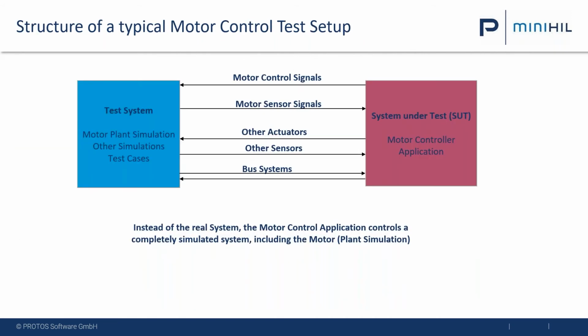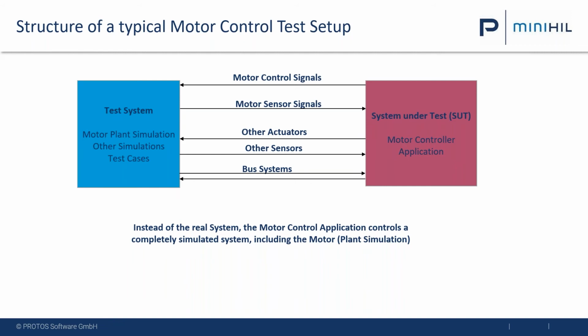Let's have a look at the typical structure for a motor control test setup. On the right side, you see the system under test, so your motor controller application. On the left side, the test system with a plant simulation or other simulations and the test cases. So the system under test provides motor control signals, for example, PWMs. Then the motor plant simulation is executed.